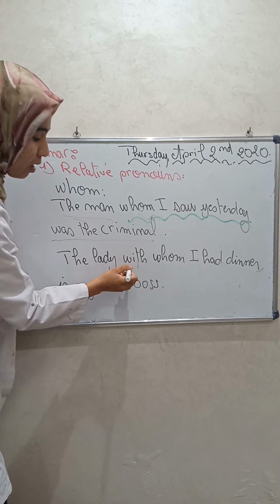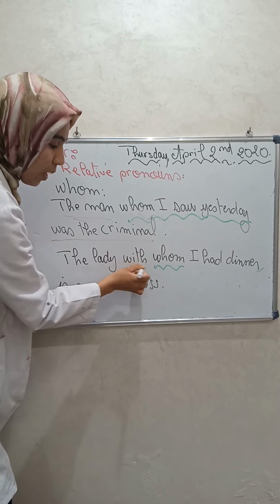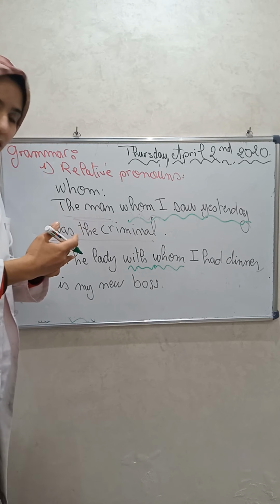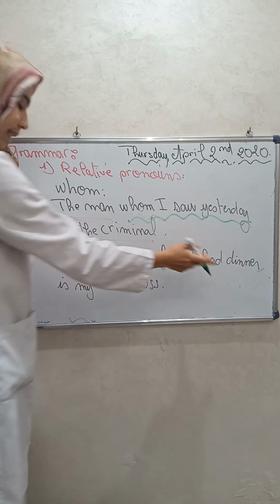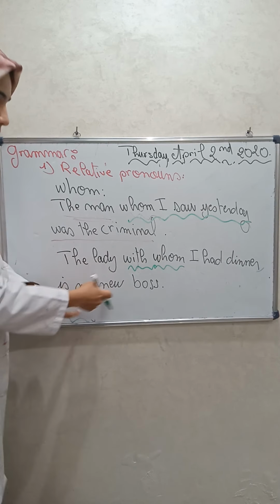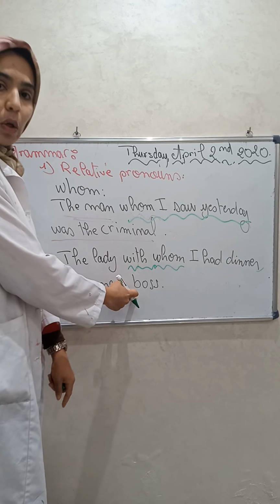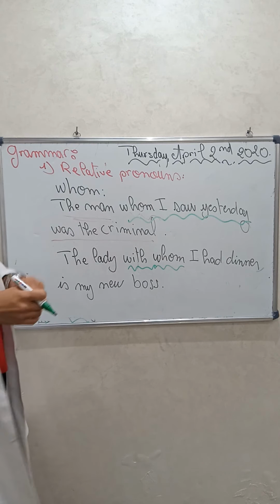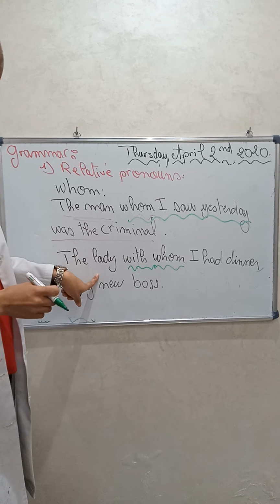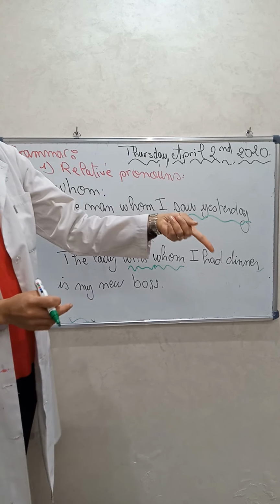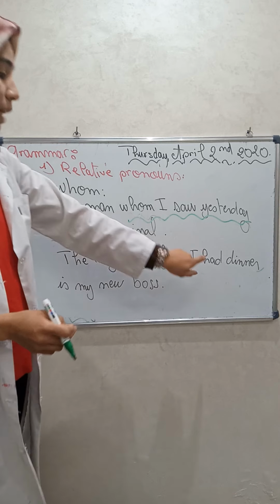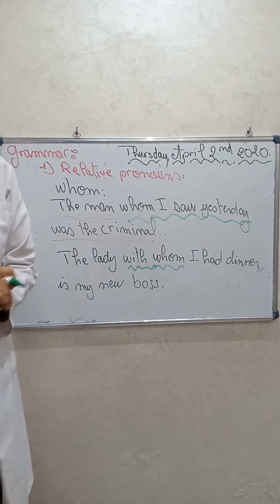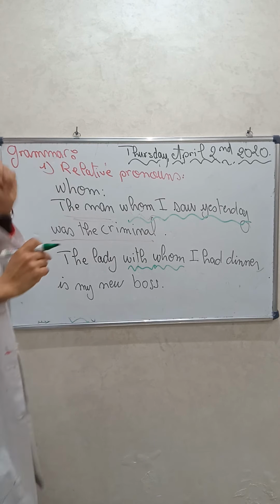It is whom, but we have with whom. Again, if I split the two sentences, it's going to be I had dinner with the lady. The lady is my new boss. Okay? So again, the repeated word is the lady. In the first sentence, the lady is a subject. In the other sentence, the lady is going to be an object. And because we have another subject pronoun here, we need with whom. Okay? This is an example with whom.